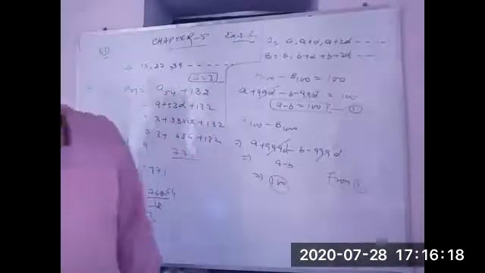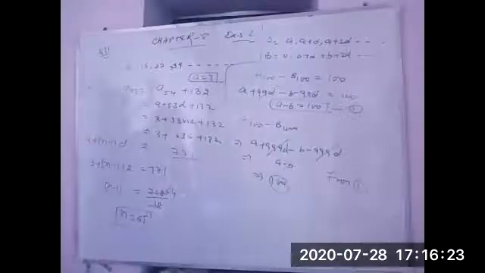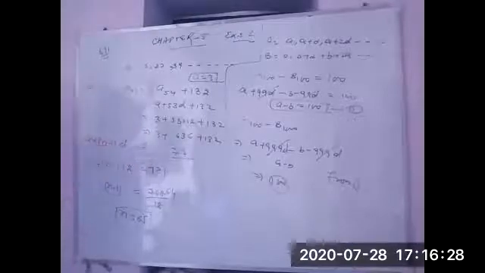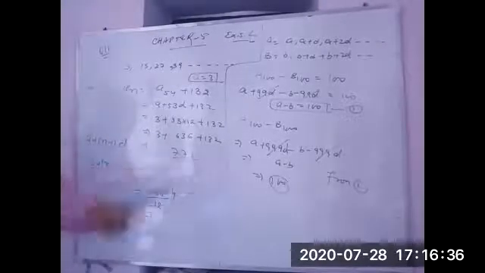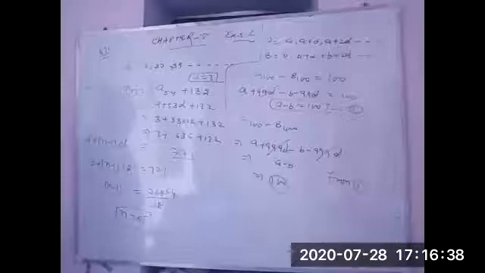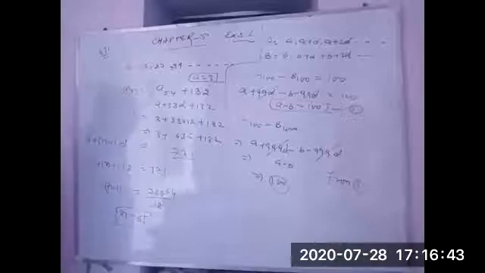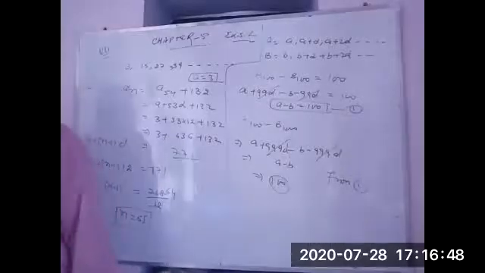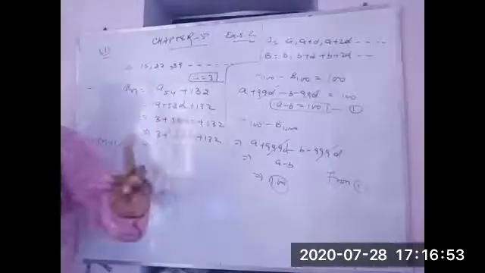Now the main thing we have to listen to here, concentrate here. You can note it down just after in the recording. Okay, if two APs are there and they have the same common difference, then what is the difference between the first terms a1 and b1?